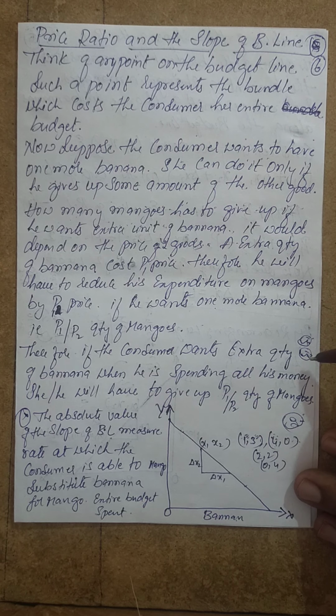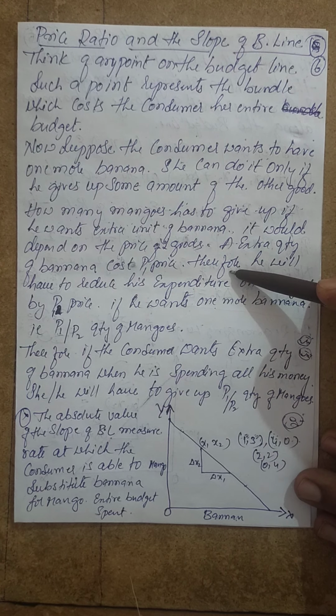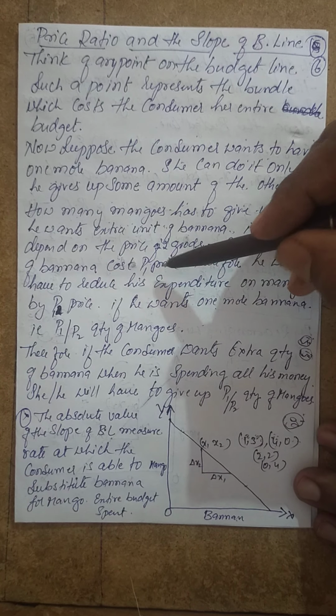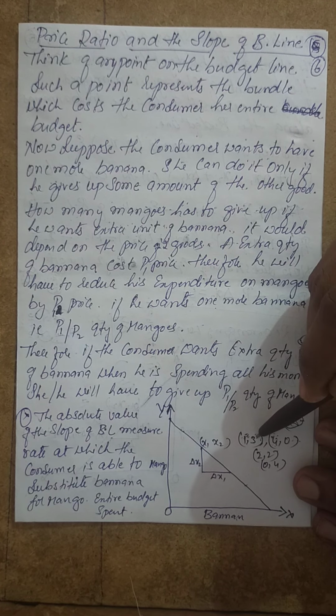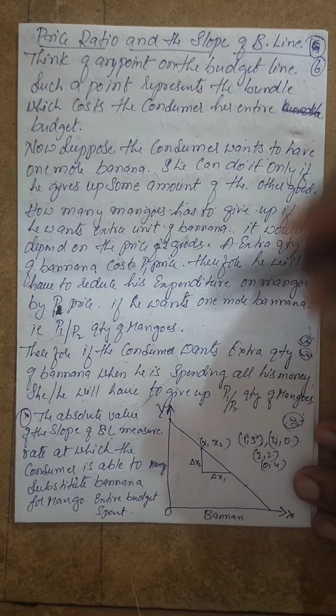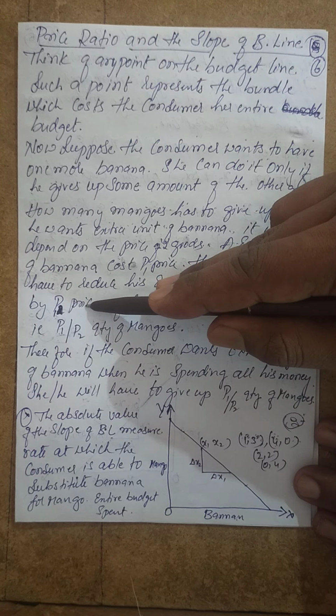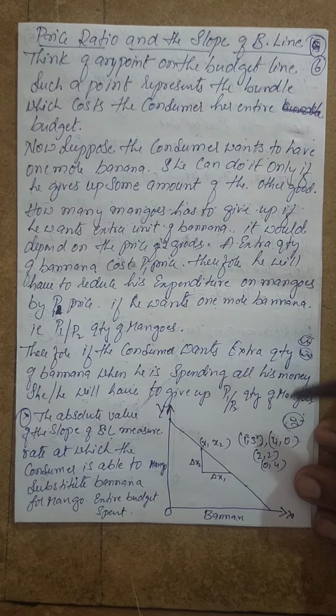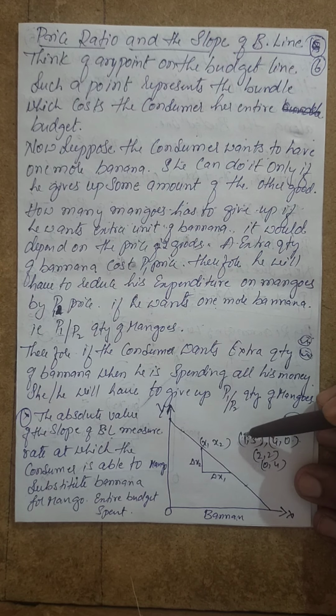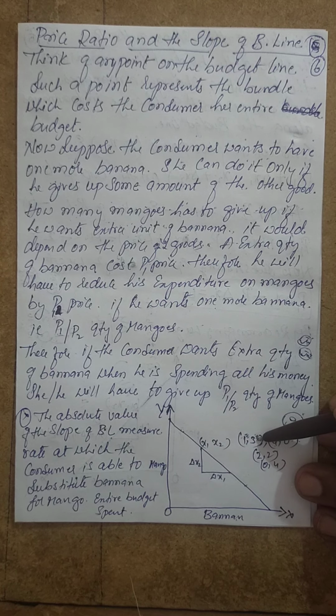So this becomes the extra consumption level. Therefore, he will have to reduce his expenditure on mangoes. See, on mangoes, what he is spending is reduced by P1 price. Why? Because this is what he is going to increase. So if he is going to increase this one, the price of this has to be reduced, the expenditure spent on this good.